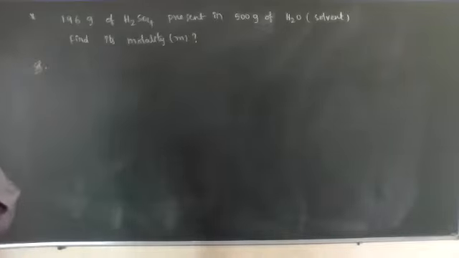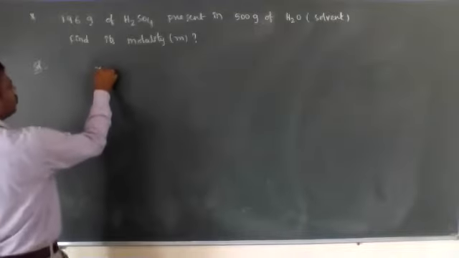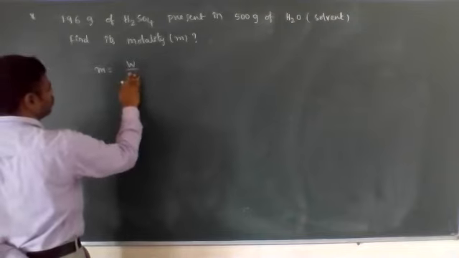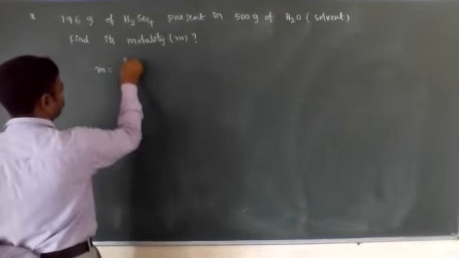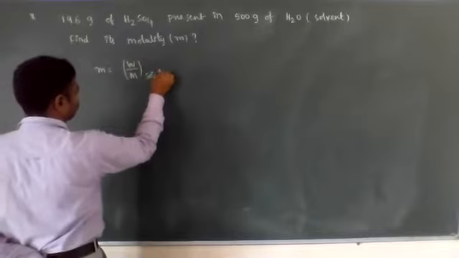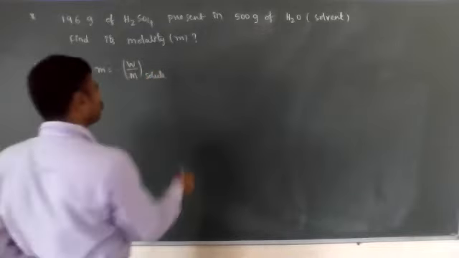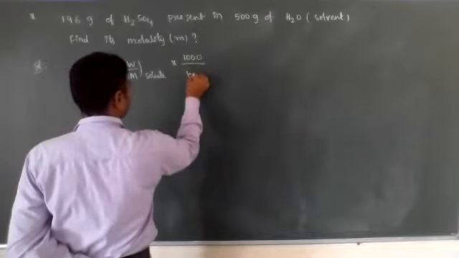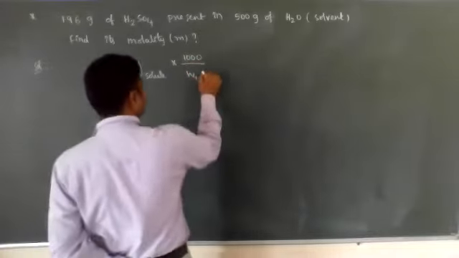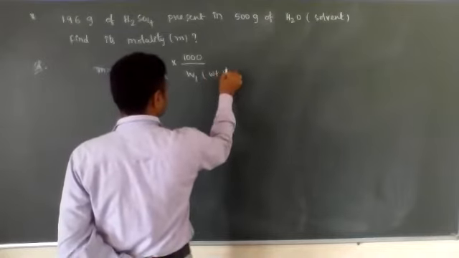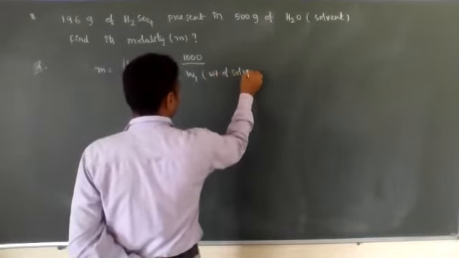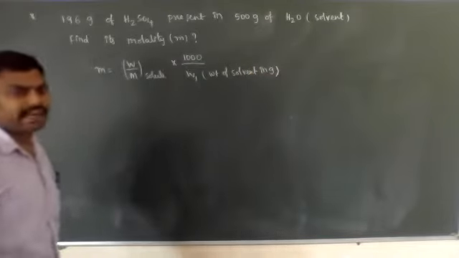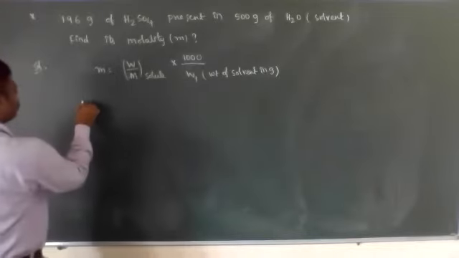See, what is the formula for molality? Weight by gram molecular weight of solute into 1000 by W1. W1 is nothing but weight of solvent in grams. Just substitute.